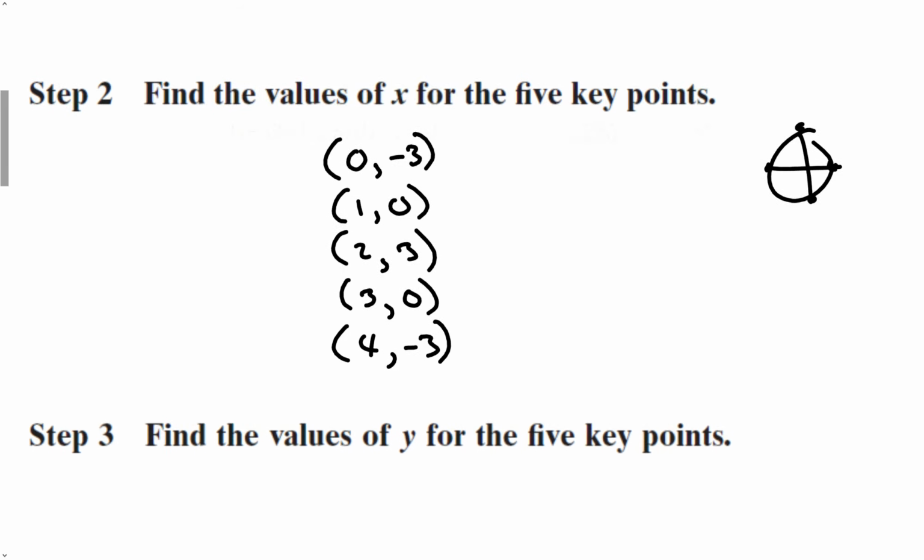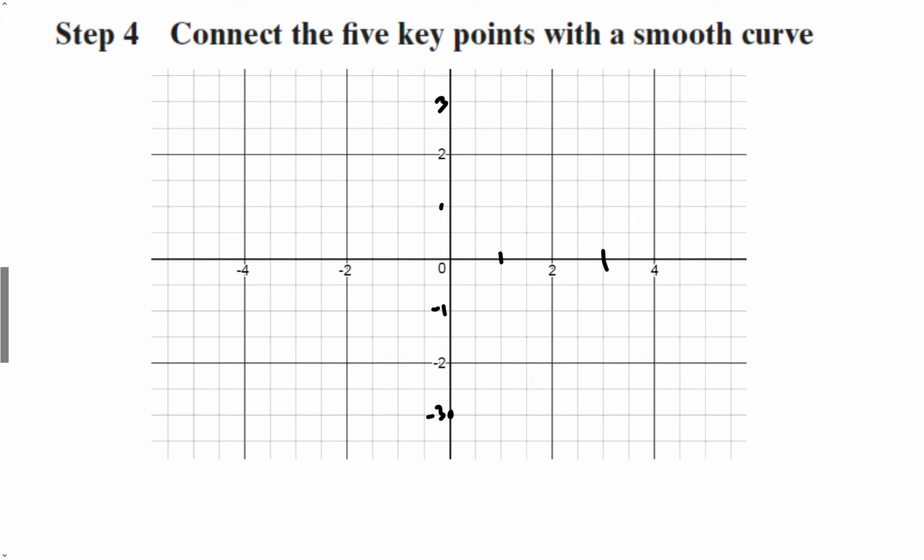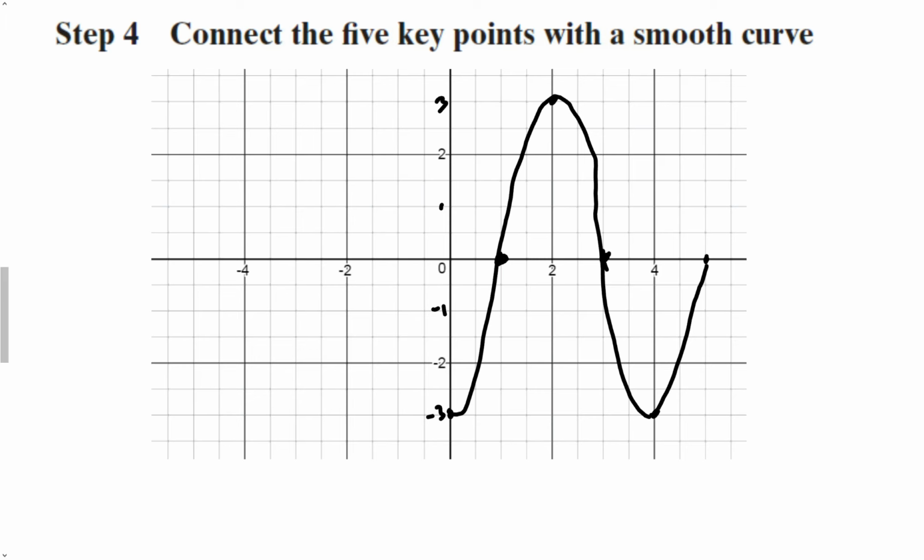Then we have 1, 0, 2, 3, 3, 0, 4, -3. And then, again, when I graph this, it's still going to be a nice smooth curve that I can just keep going as far as I want. Okay?